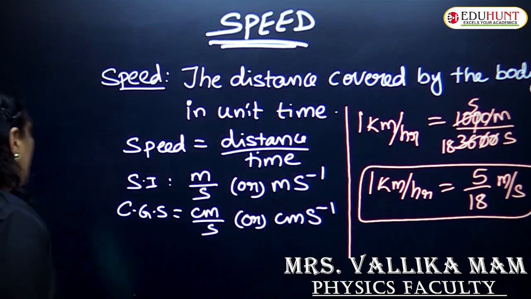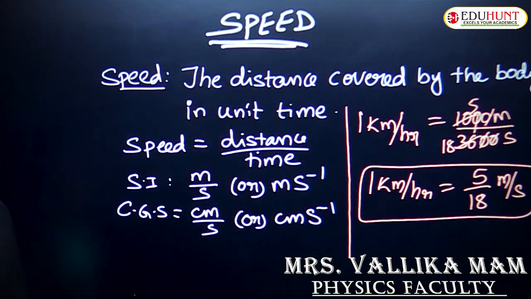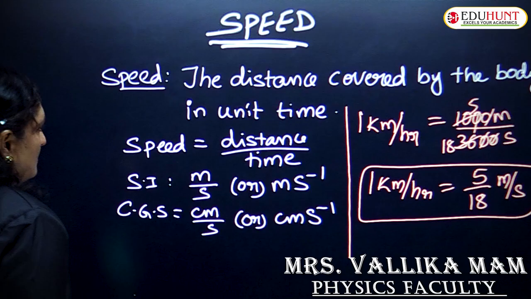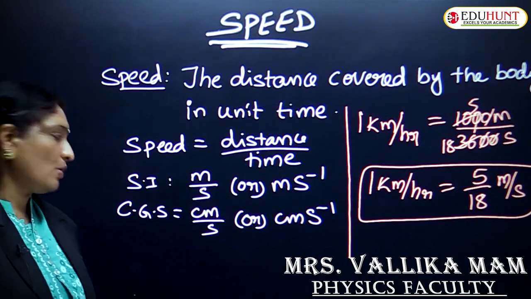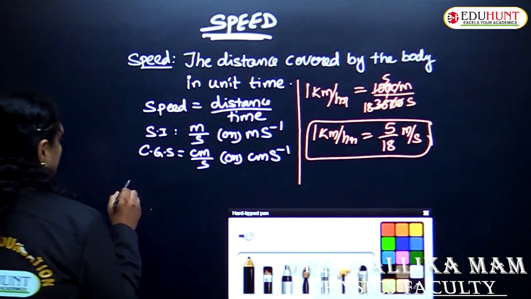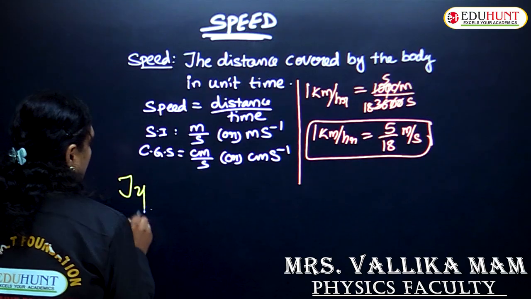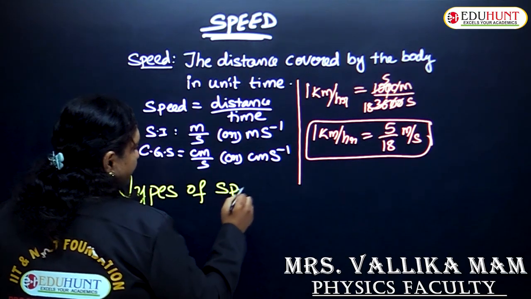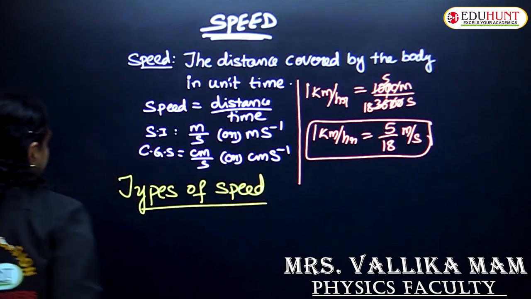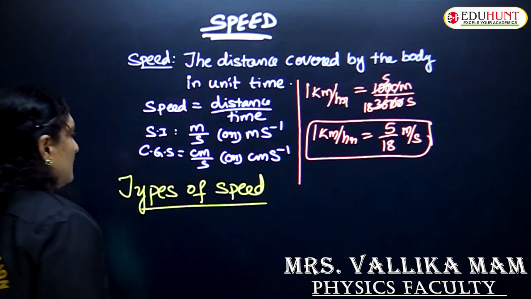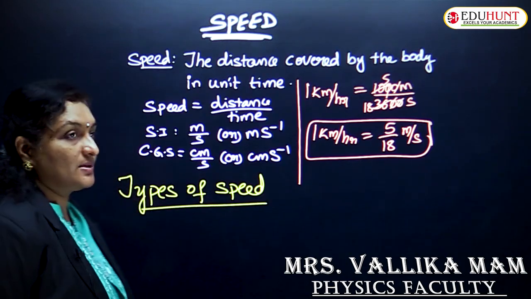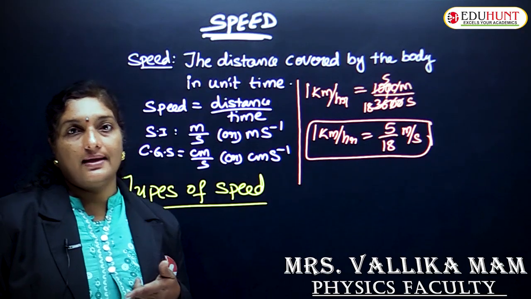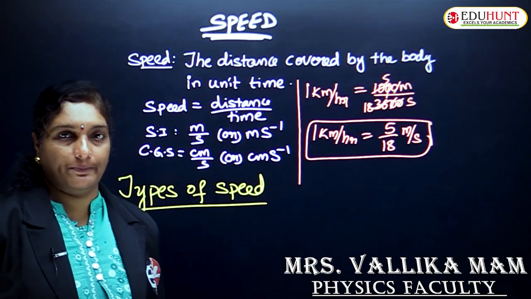So, okay children. Next, let us discuss something more about the types of speed. Generally, speed is of two types: uniform speed and non-uniform speed.